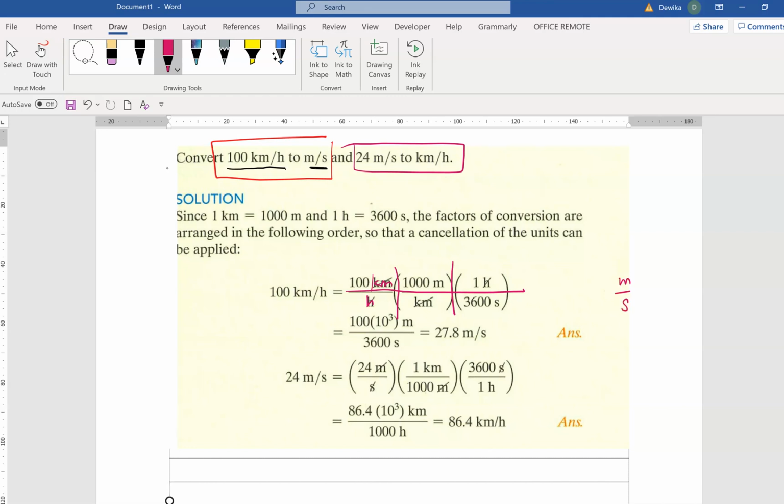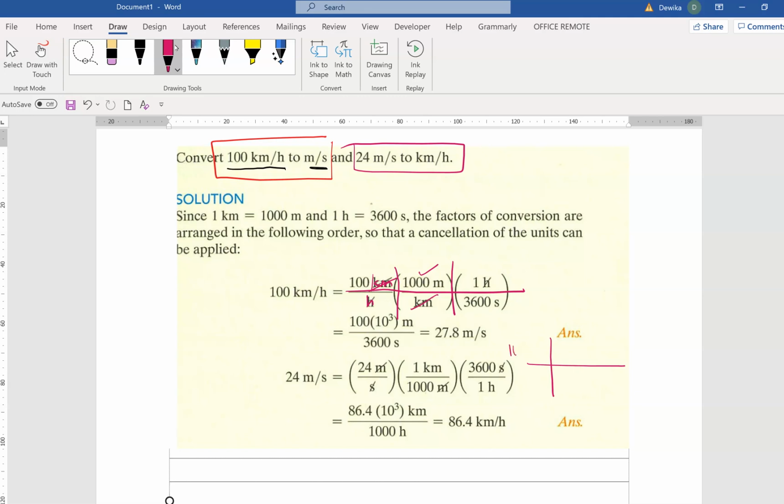So you know you need to cancel the kilometer. So you write 1000 meters divided by kilometer, and at the end of the day, you can cancel the kilometer. Let me just rewrite this, start from fresh, so it's easier for you to understand, because the textbook doesn't show you the step by step. Okay, let's look at this.